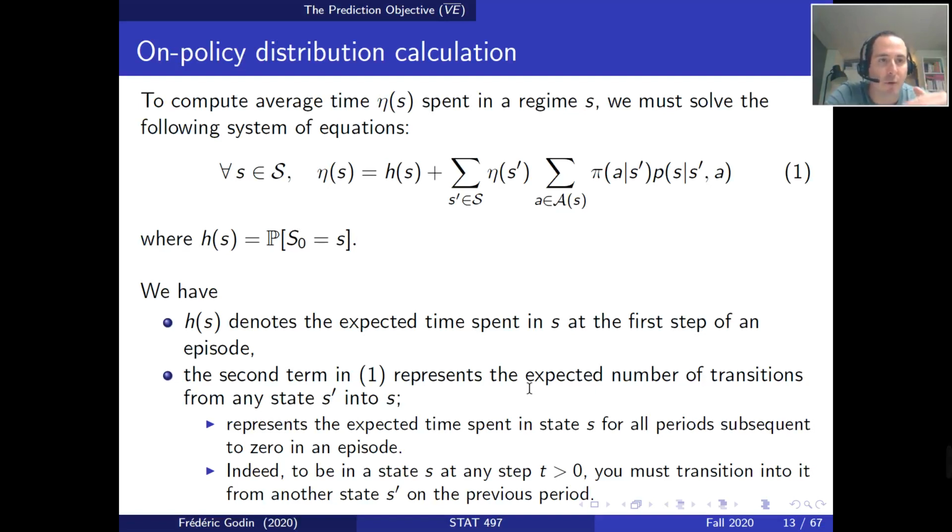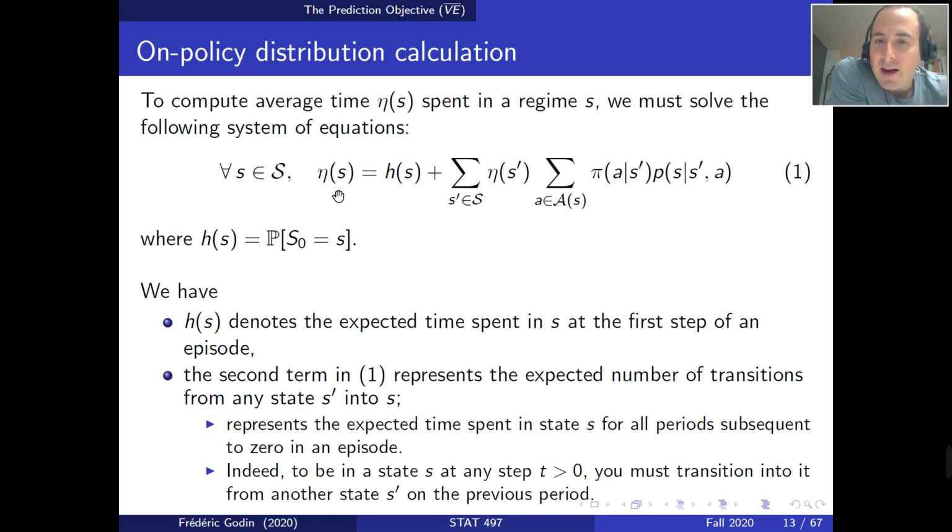For those who did Markov chain or Markov process theory, you could get to the following result. It can be shown that the etas for the various states, which is the average number of times spent in a state S for a given episode, must solve the following system of equations.